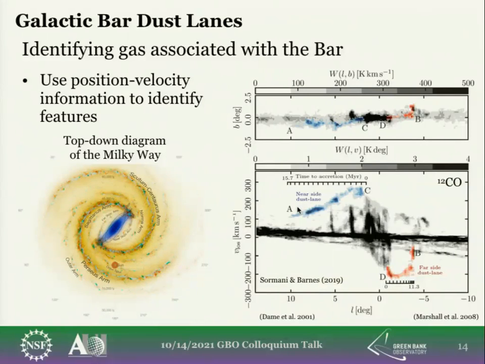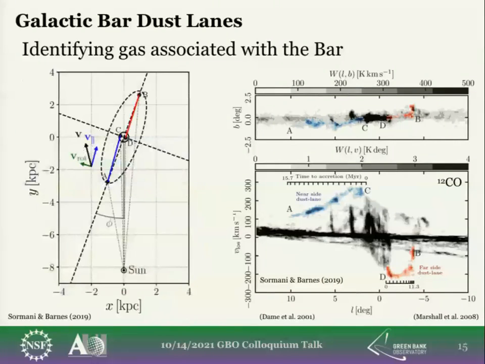So how does this tell us what the structure of the gas is doing in the center region? How does this tell us the physical location of some of these clouds and their orientation? Well, to do that, you have to do a 3D geometry of the clouds relative to the position of the sun.